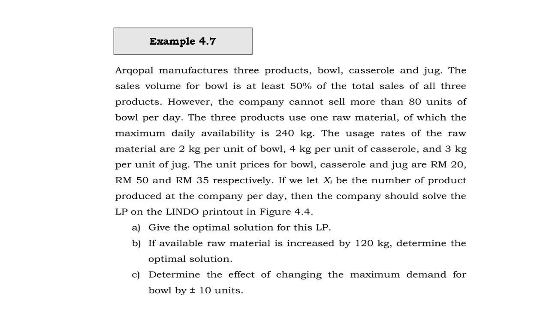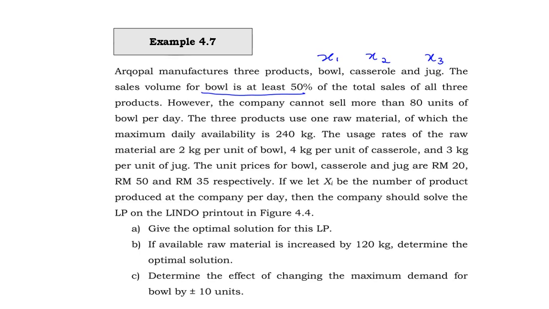Acopal manufactures 3 products: bowl, casserole, and jug. The sales volume for bowl is at least 50%. So let's say this is X1, X2, and X3, the number of bowls, casseroles and jugs produced.